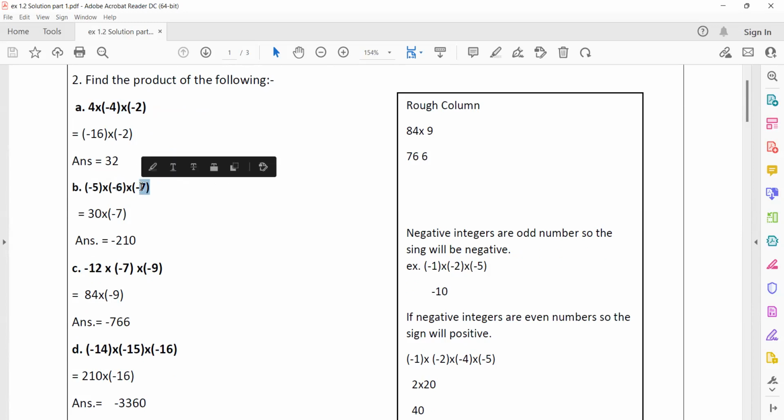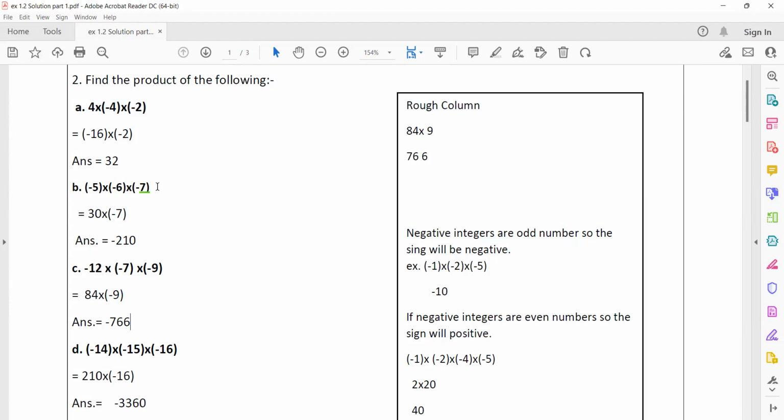Now I have to multiply by minus 7. Your answer is 30 multiplied by minus 7, which is 210, and we put the negative sign because the sign of 7 is negative.